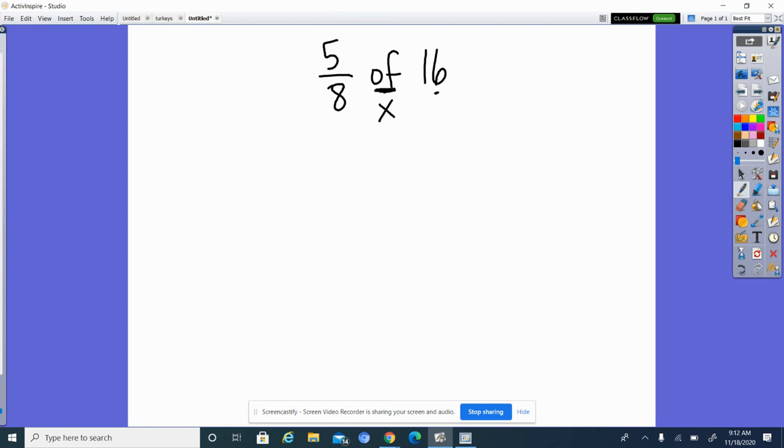What would that look like? Yes. 2 rows of 8. Or 8 rows of 2. Good. Okay. I want you to decide which one you're going to do. Go.